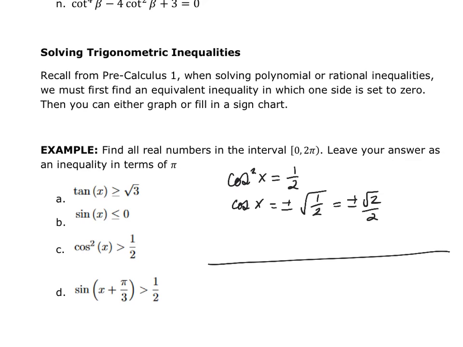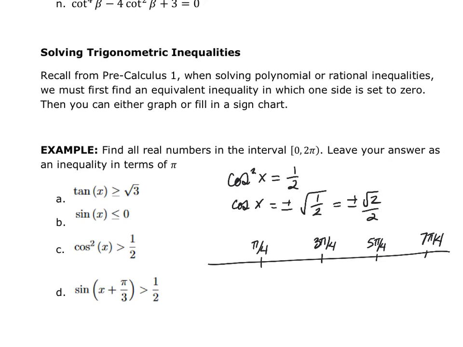So I have to break this up into the intervals in which I have the square root of 2 over 2. Well, those are at pi over 4, at 3 pi over 4, 5 pi over 4, and 7 pi over 4.